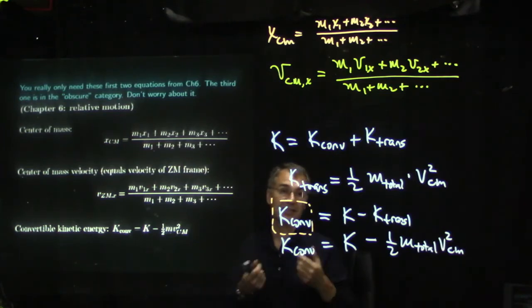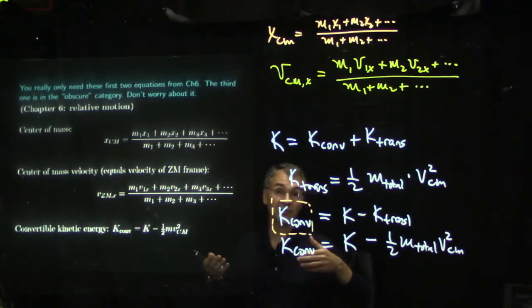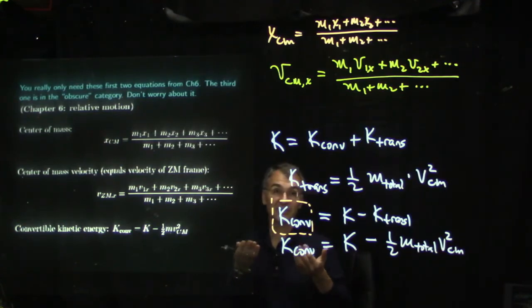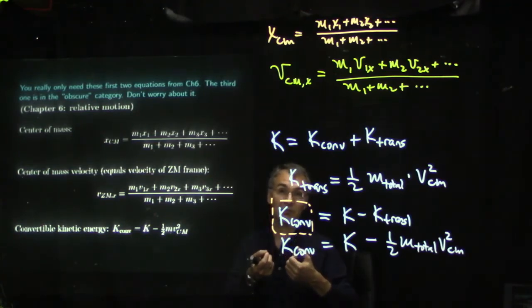So if the initial state has a 0 center of mass velocity, in other words, if the momentum of the system as a whole is 0, then you can, in a collision, get rid of all of the kinetic energy. So the kinetic energy afterward would be 0. But that's only possible if the momentum of the system is 0. In other words, the center of mass velocity of the system is 0.